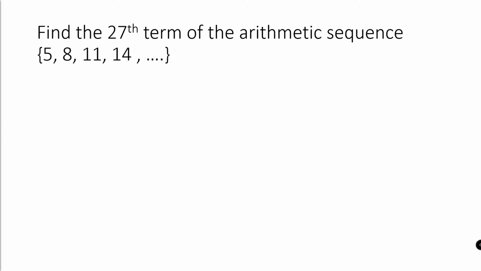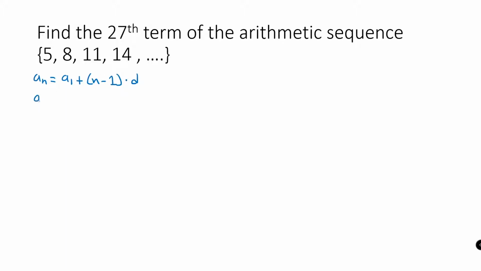Okay, so the problem asks us to find the 27th term of the arithmetic sequence, and the sequence given is 5, 8, 11, and 14. We're going to be using the first general form, which is a sub n is equal to a1 plus n minus 1 times d.